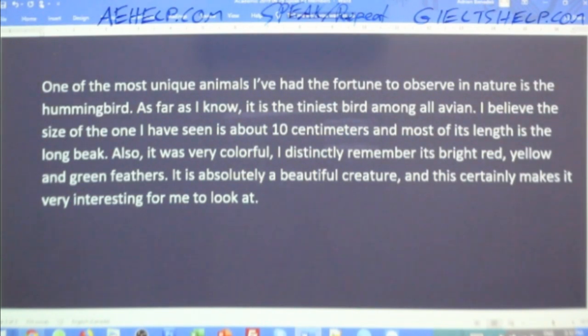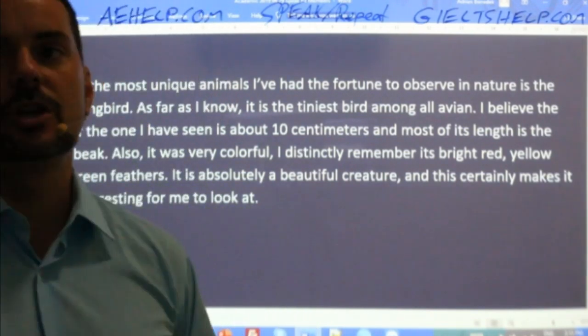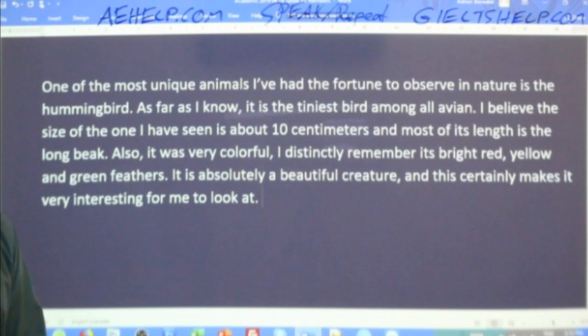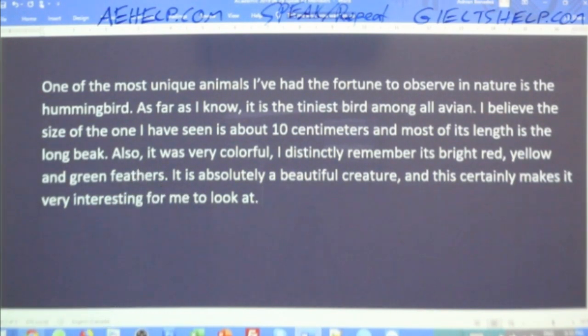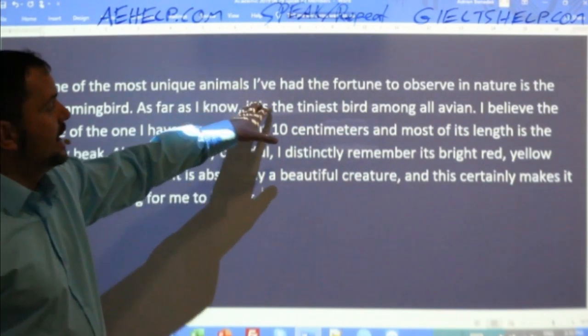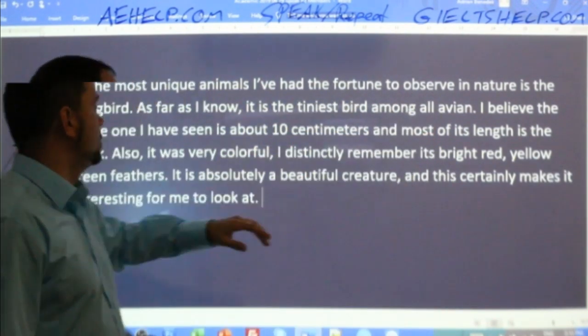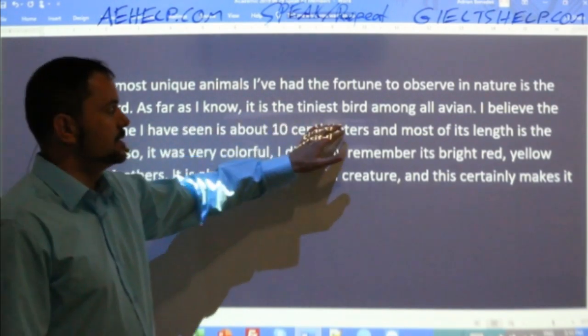Okay, let's repeat one more time. So here I'm pushing you to do a little bit of practice as well. So Preeti, Roshni, Kisi, Amarjeet, Hung, please repeat after me, and our new members as well. Repeat after me. One of the most unique animals I've had the fortune to observe in nature is the hummingbird. As far as I know, it is the tiniest bird among all avian.